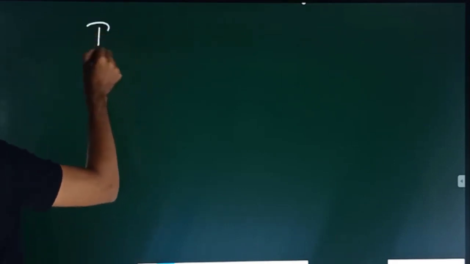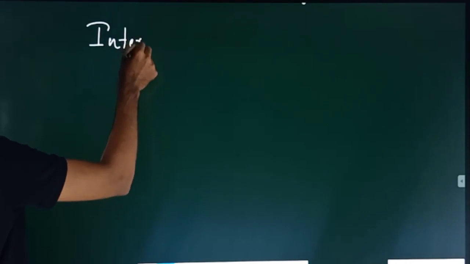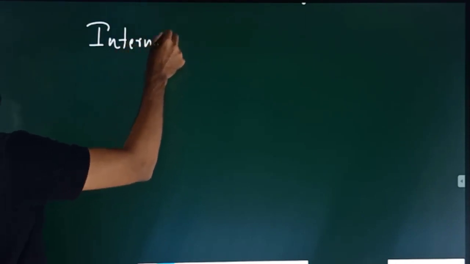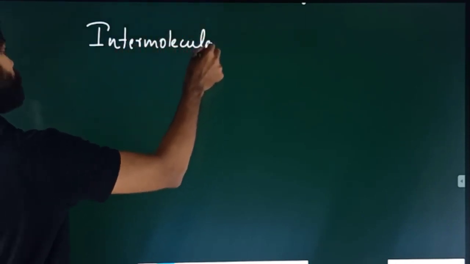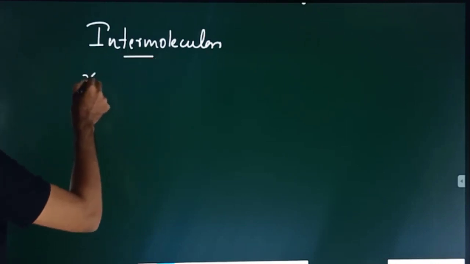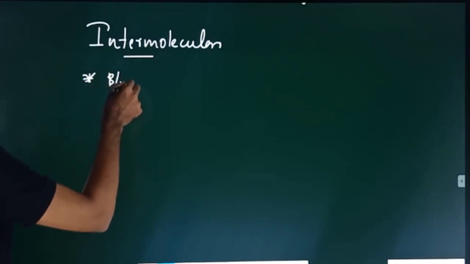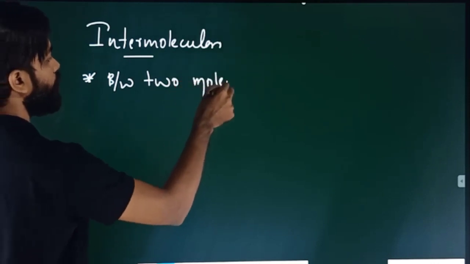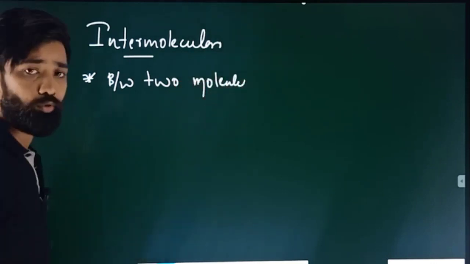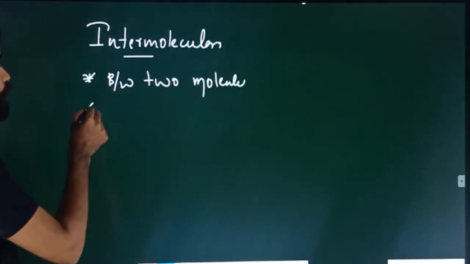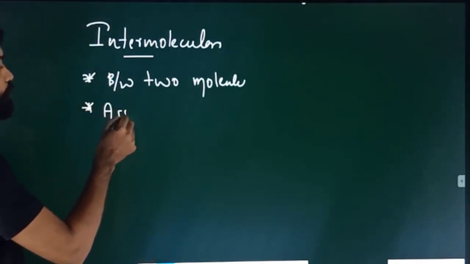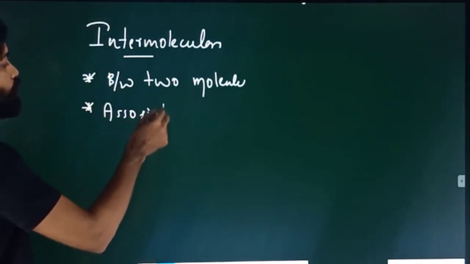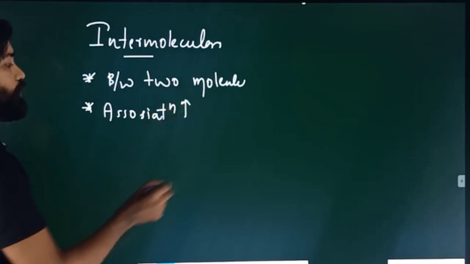There are two types of hydrogen bonding. First one, intermolecular. Intermolecular hydrogen bonding means hydrogen bonding between two molecules. If there is hydrogen bonding between two molecules, what happens? Molecular association increases.